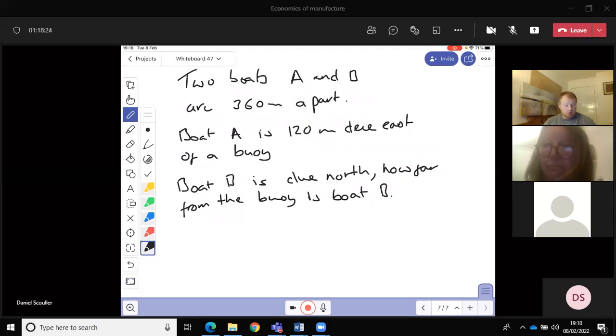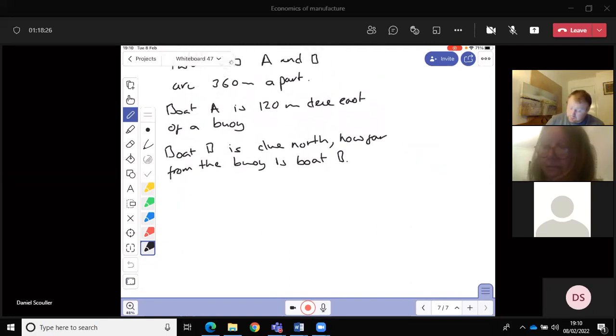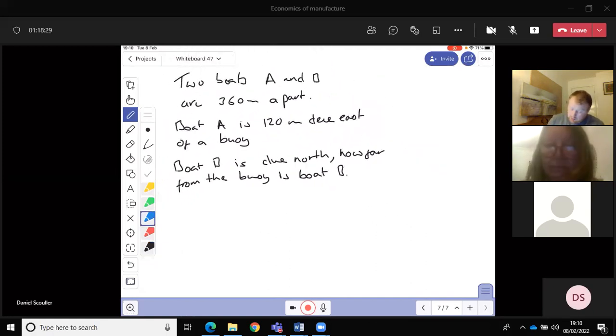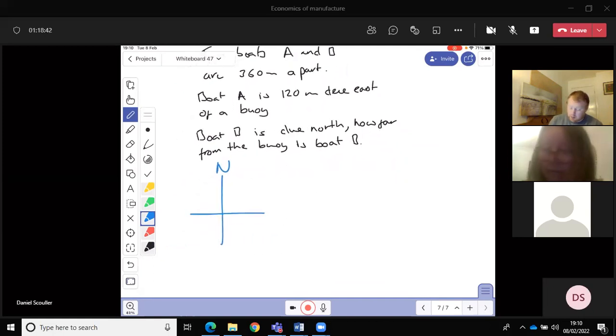Let's just draw that out. If we're looking at a compass, we've obviously got north, north spelt with an M, sorry, at the top, then east, south, west.